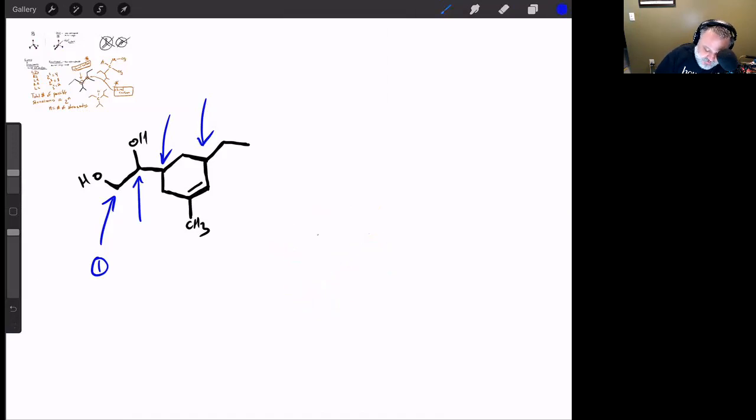What about this second carbon? And I'm not numbering the chain or the molecule. I'm just identifying the carbons that we're looking at. Let's take a look and see what that one is. Well, it's this carbon, and it's connected to an OH group here. What else is it connected to? It's connected to a hydrogen that's not shown.